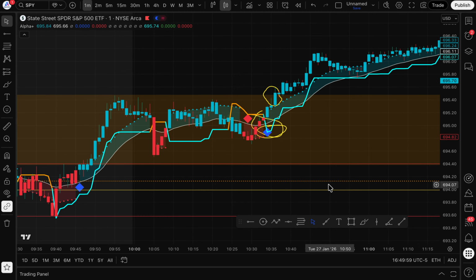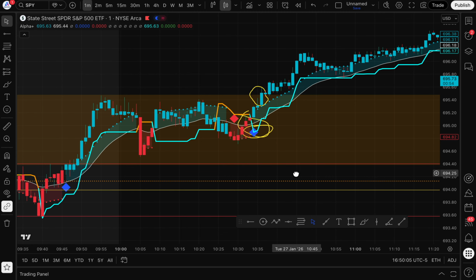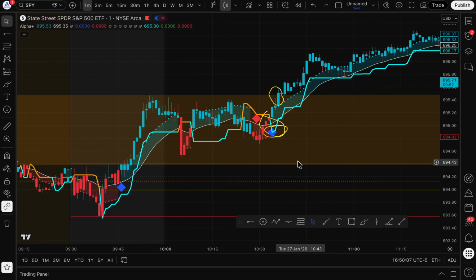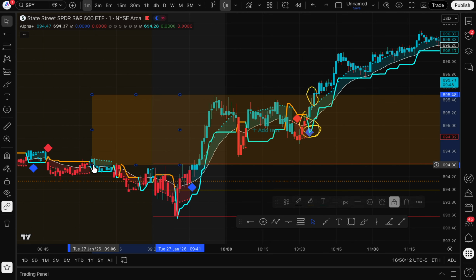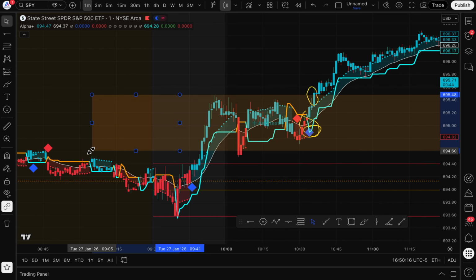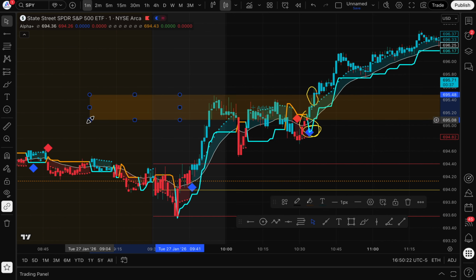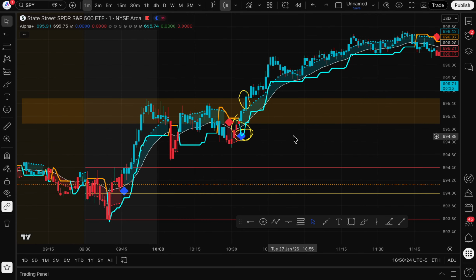And if I were to buy that, I'm probably not going to make this my stop loss right here. It's probably going to be moved to maybe possibly right there, or I might just cut it in half and make that my stop loss.